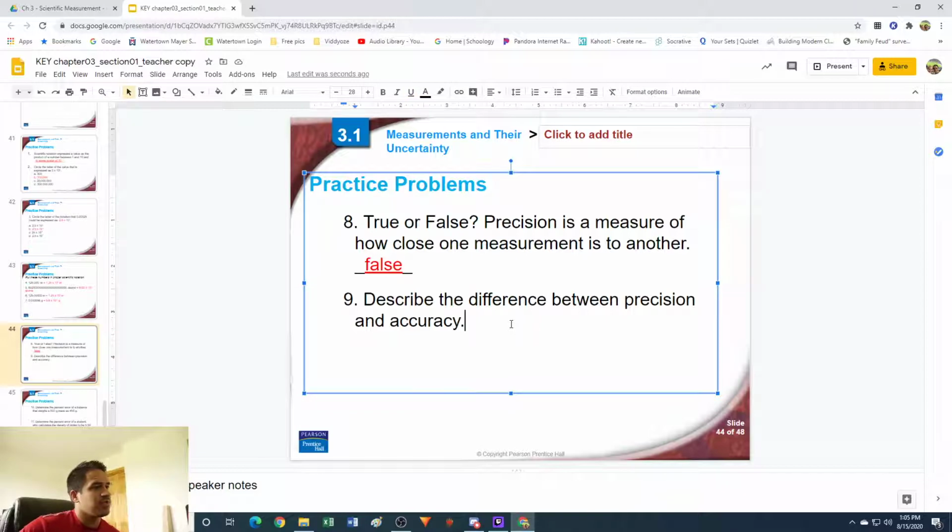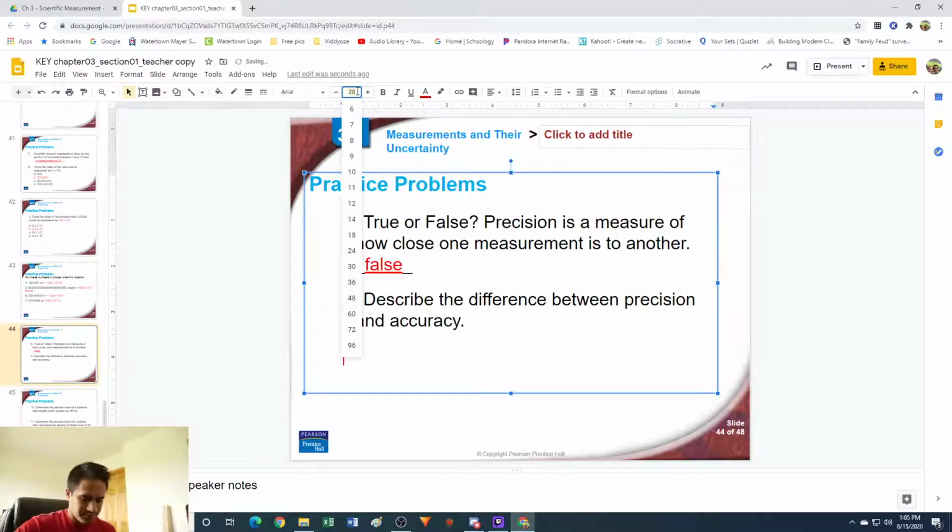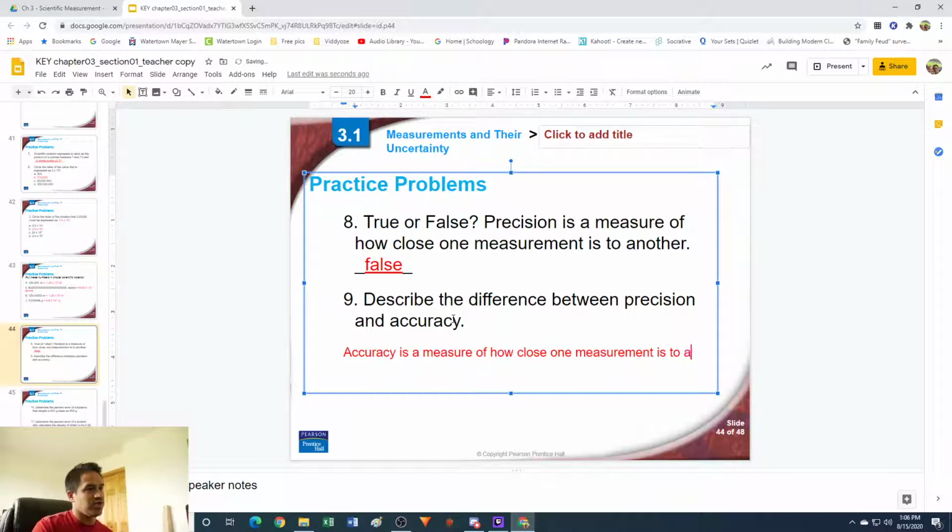Number 9, describe the difference between precision and accuracy. Okay, so accuracy is a measure of how close one measurement is to a reference or actual/true value.